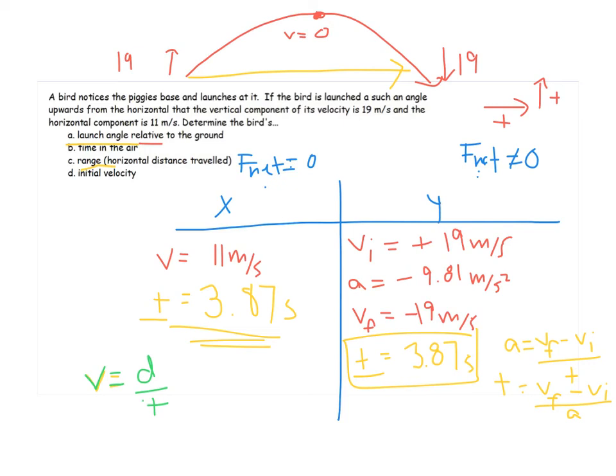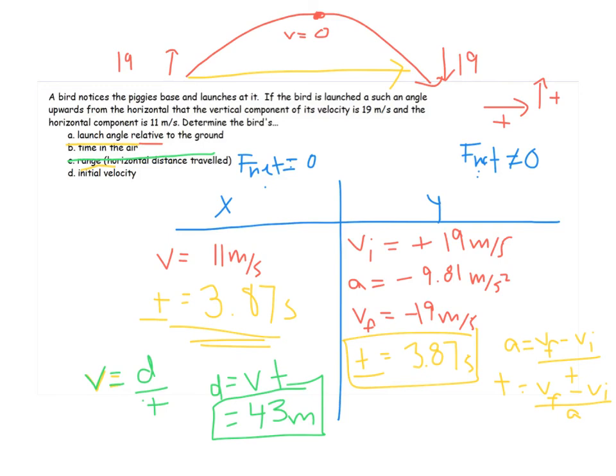Now I can find the distance in the x direction. So my distance is my velocity times my time. It's 11 times 3.87, and that's 43 meters. There's the range. So that's my answer in C. The range, the horizontal distance, is 43 meters.